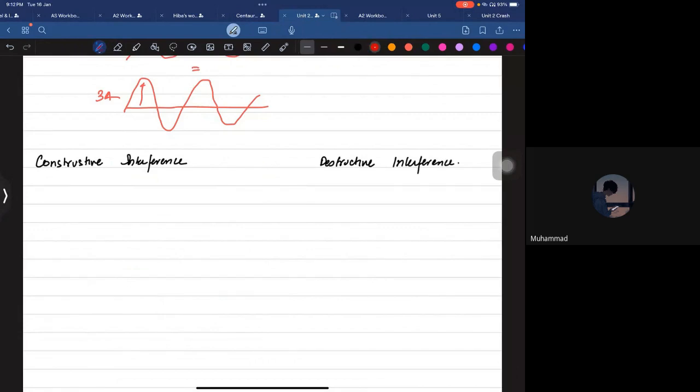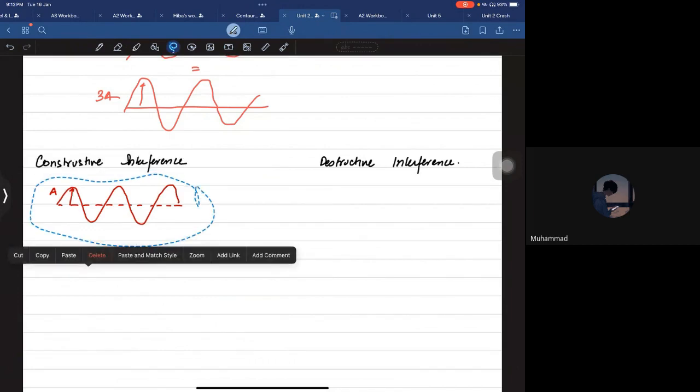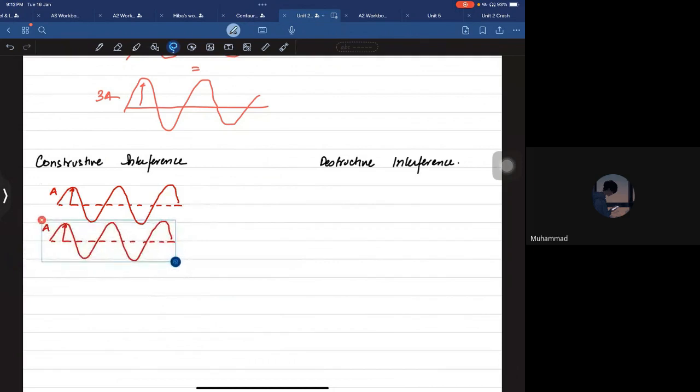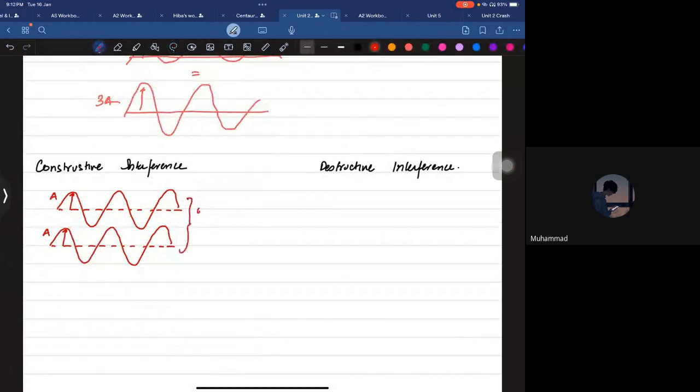Constructive interference means that there is a wave like this, suppose it has an amplitude A, and then there's another wave that is exactly like this, and both of these waves are in phase.